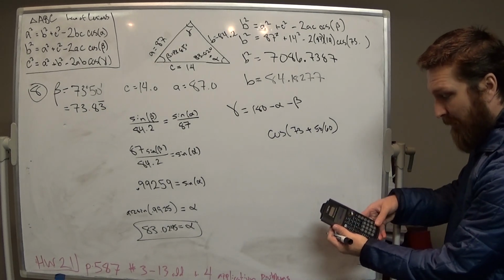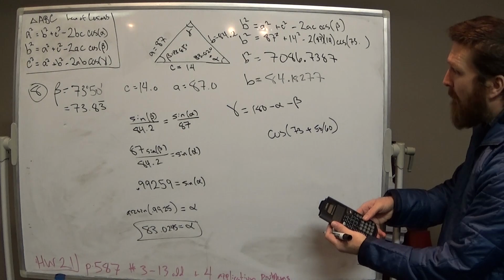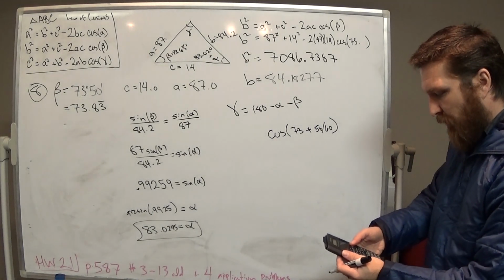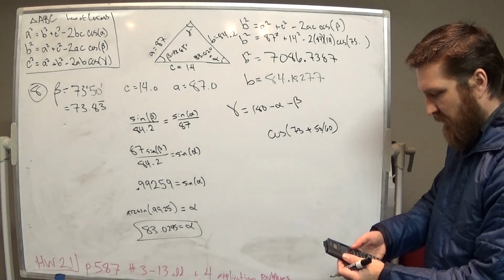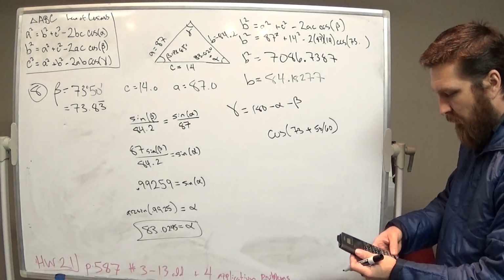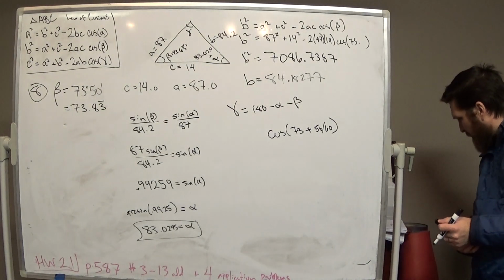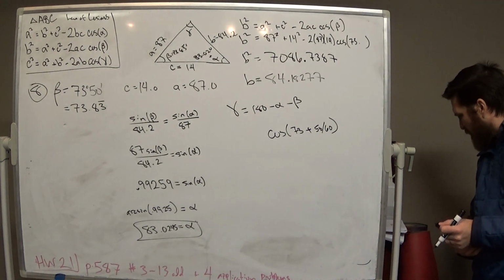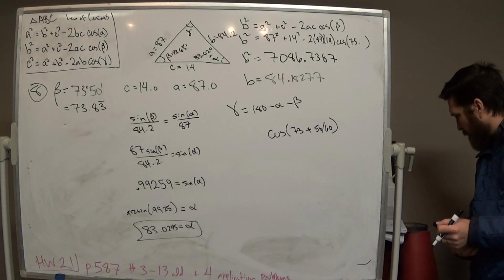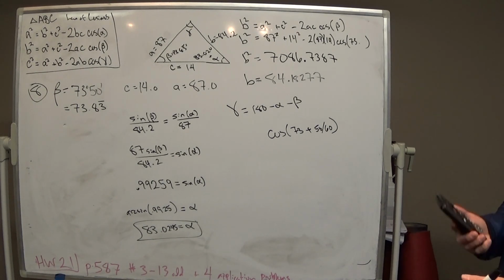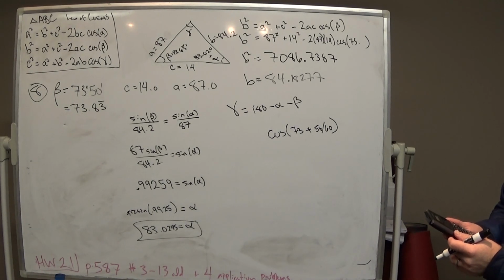I want to use what my calculator told me, and then minus beta, which was given. That's the 73.8333333, and I get something that I didn't get last night. Uh-oh. I got 23.14. That's what I get.